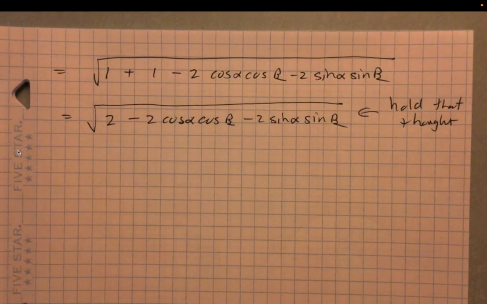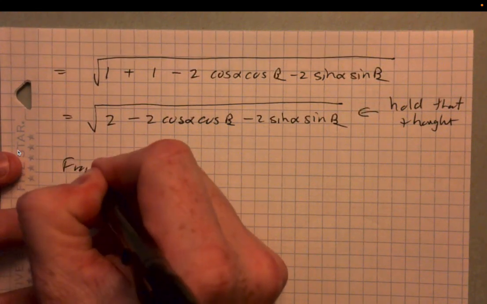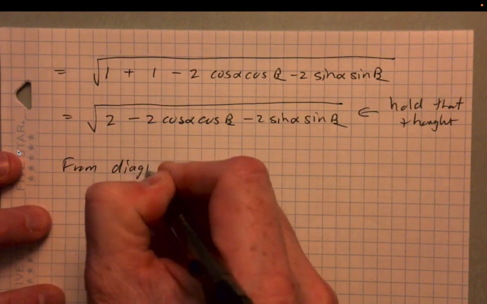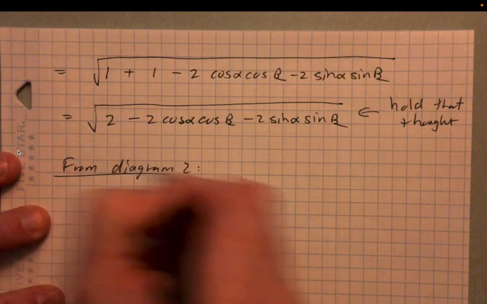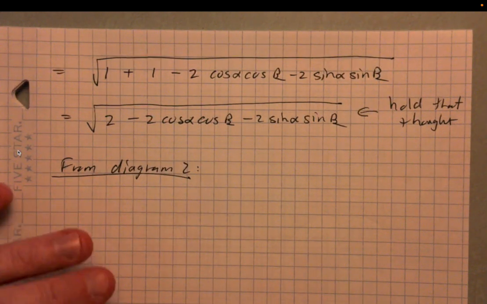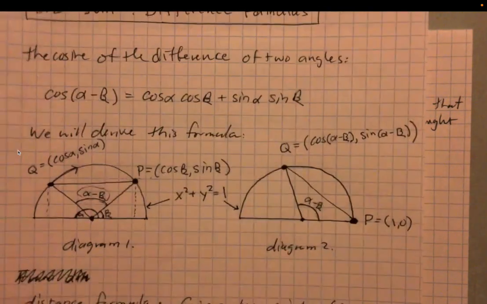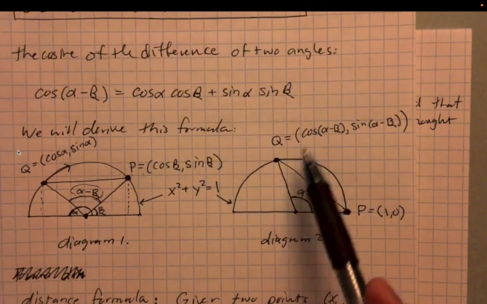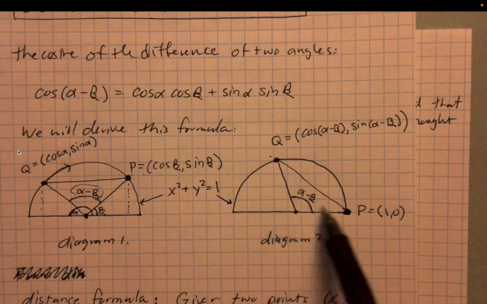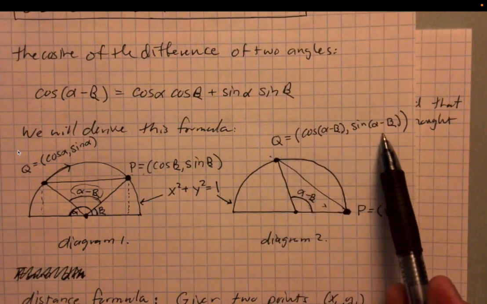Now what we want to do is look at diagram 2, and think through what PQ is in relation to diagram 2. Diagram 2, remember, is the same triangle, so that distance should be the same, but it's got a different expression here, doesn't it?